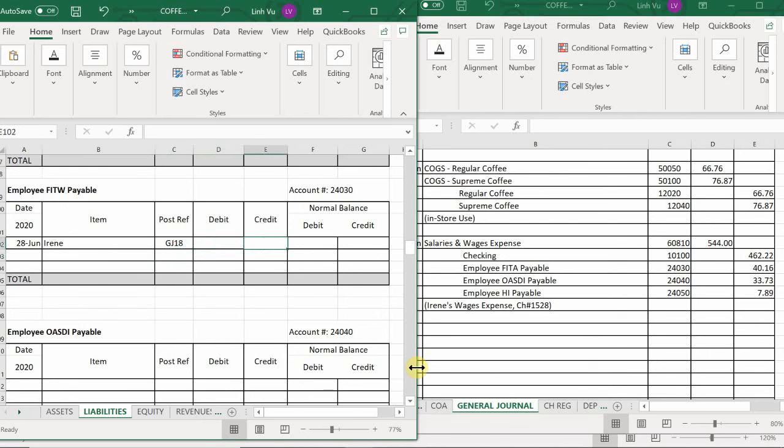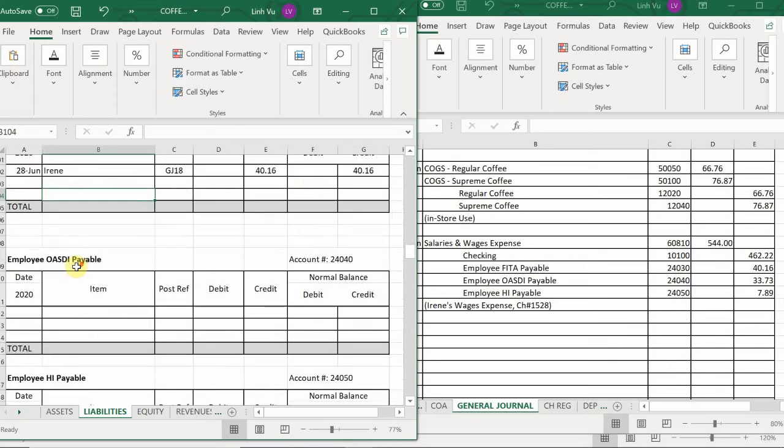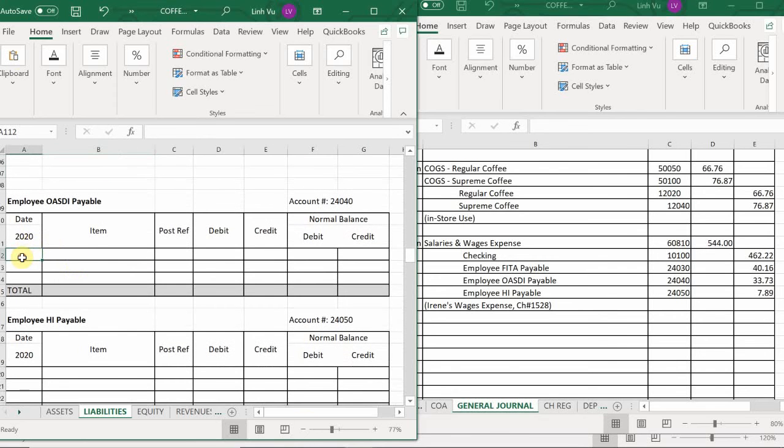And how much do we owe the government for Irene's FITW? $40.16. What about OASDI? $33.73. Okay.